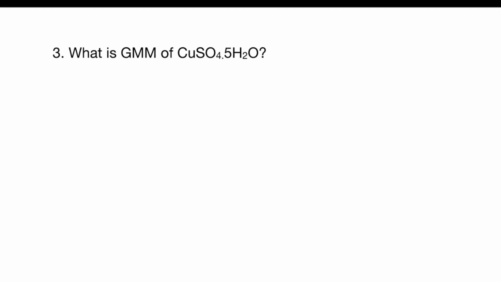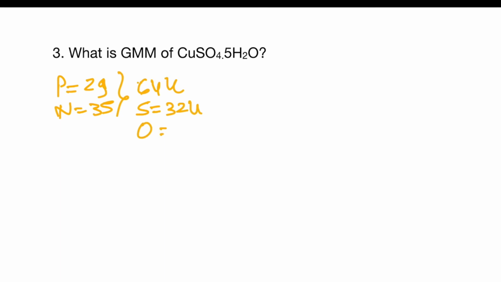Now let's check out one more problem. What is the GMM, the gram molecular mass, of copper sulfate? 1 atom of copper contains 29 protons and 35 neutrons. So the atomic mass of copper is approximately 64 units. Sulfur is 32 units. Oxygen has an atomic mass of 16 units.